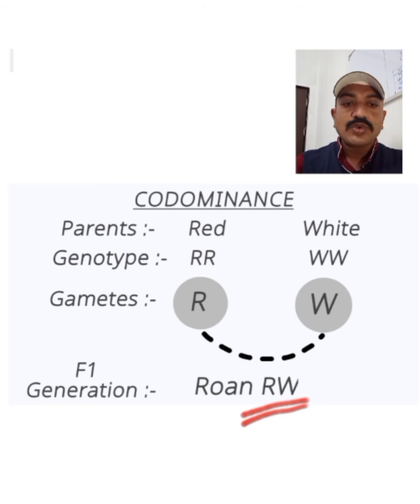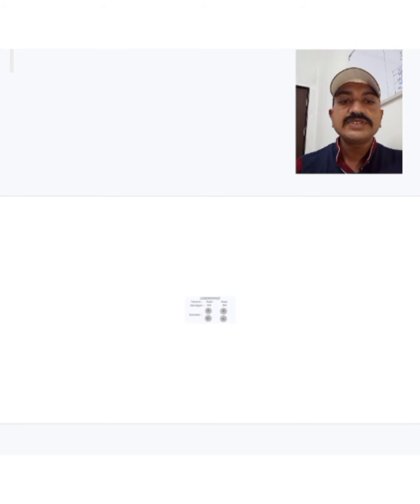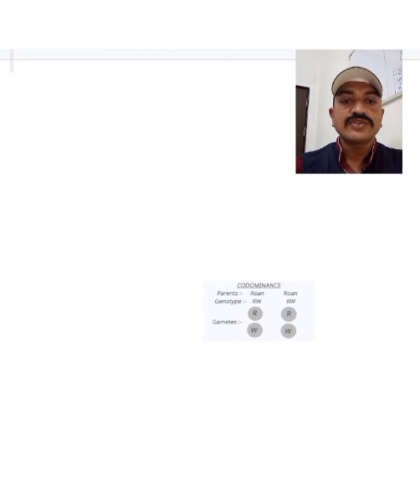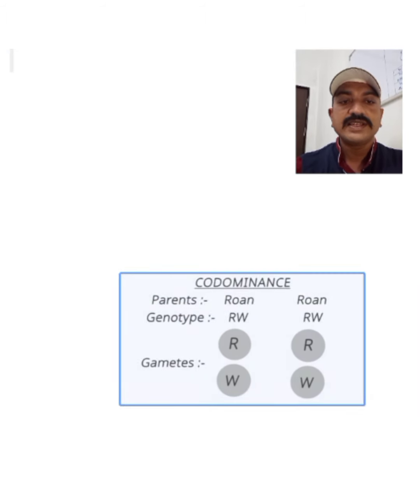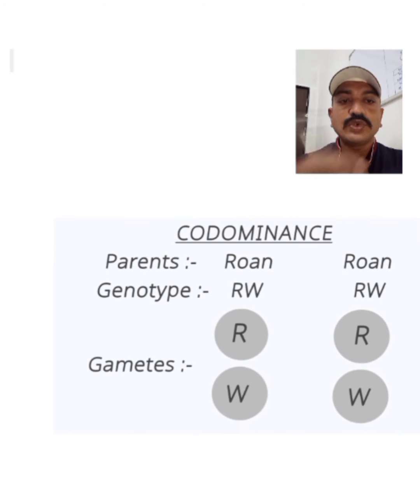Further, when roan individuals are crossed, different characters are seen in the F2 generation, particularly in the cross between two roan individuals. A roan individual produces two different types of gametes. The parents are roan and roan.